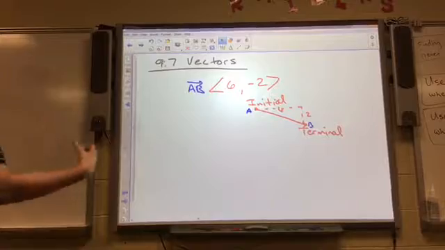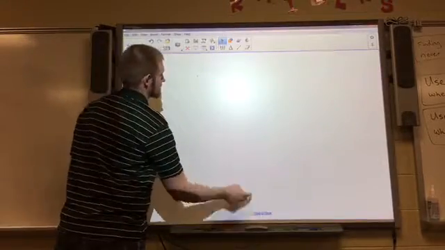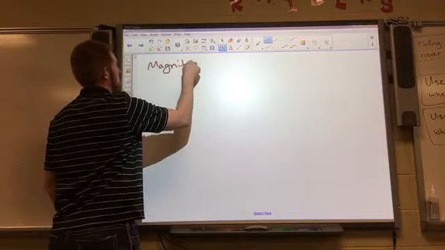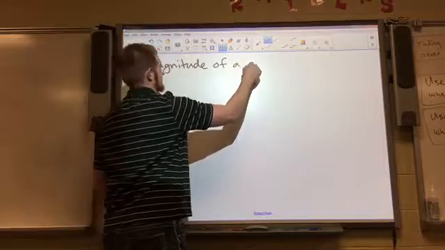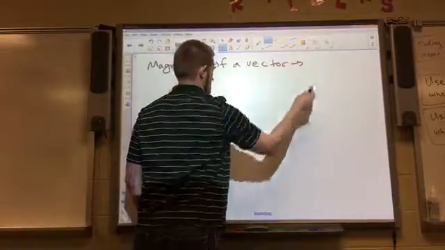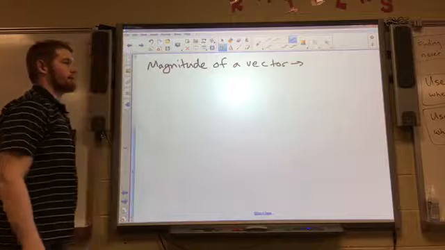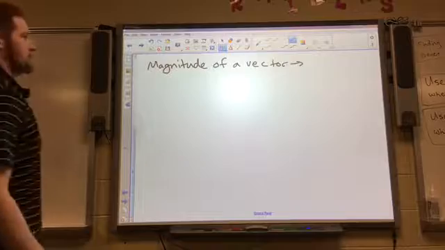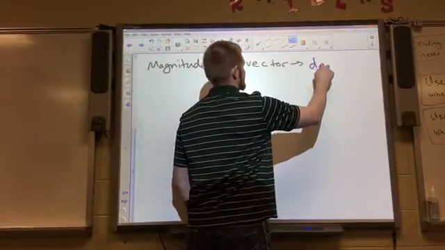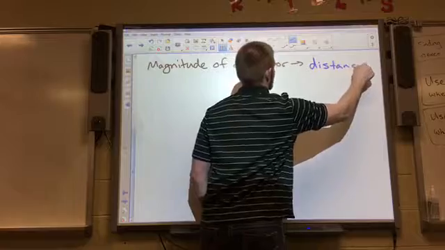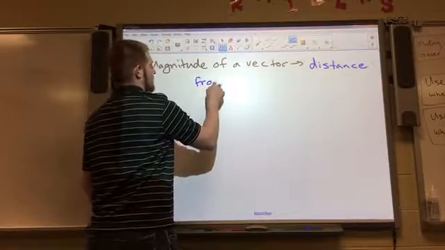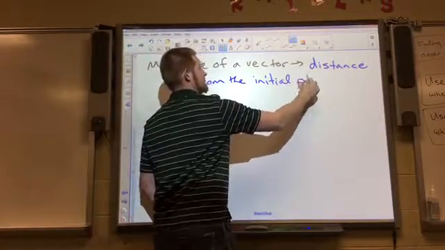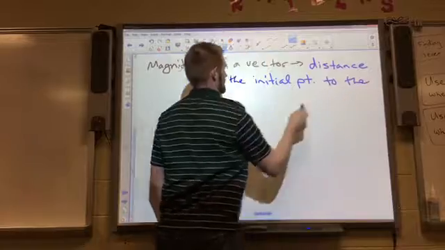Now the first thing that's actually in the book is the magnitude of a vector. The magnitude of a vector is the distance from the initial point to the terminal point.